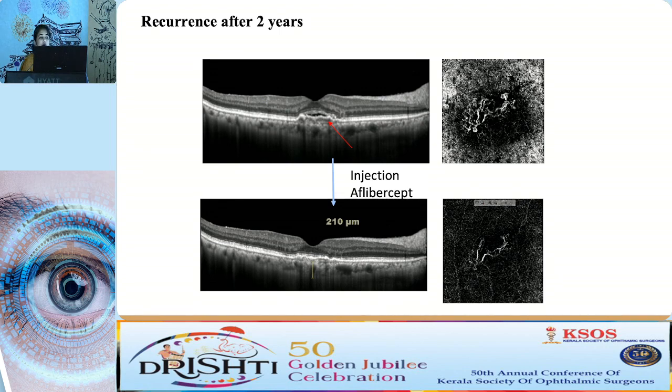So at this point, OCTA was done and a network was seen. This is an active network as described in the previous presentation. Considering CNV, we treated the patient with aflibercept, good resolution was seen, and a dead tree network is seen in the OCTA done after the aflibercept injection.